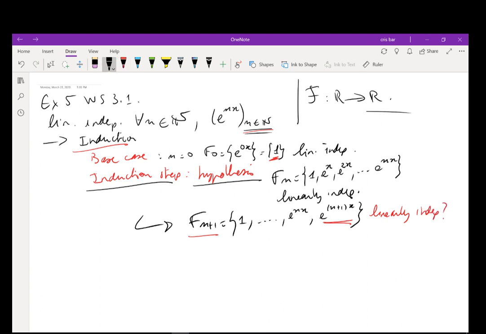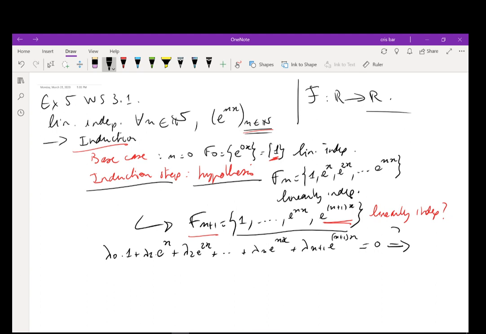So what do we want to show? We want to show that if we take the sum of all elements of this family times some real values, and this sum is equal to 0, then all the real coefficients have to be equal to 0. So if I take lambda 0 times 1 plus lambda 1 times e^x plus lambda 2 times e^(2x) plus and so on, lambda n e^(nx) plus lambda n+1 e^((n+1)x) is equal to 0, that's my assumption.